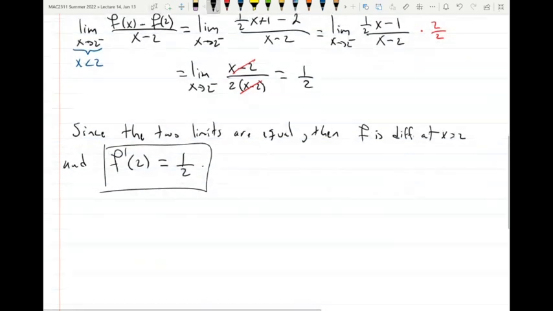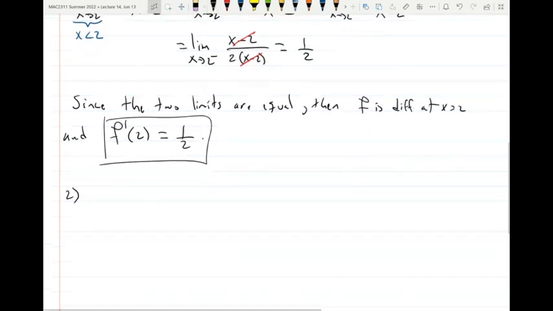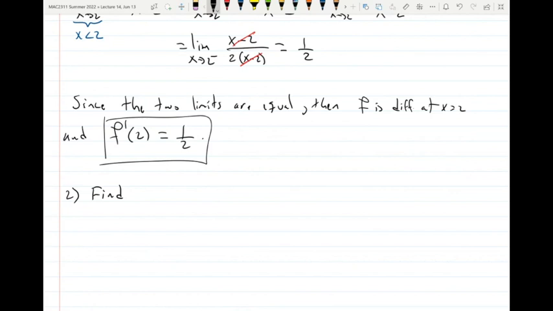Okay, so let me give you something similar. And this exercise is going to be similar to something that you did in the exam, actually, for continuity, but this time let's do it for differentiability. So find a and b such that f is differentiable everywhere.